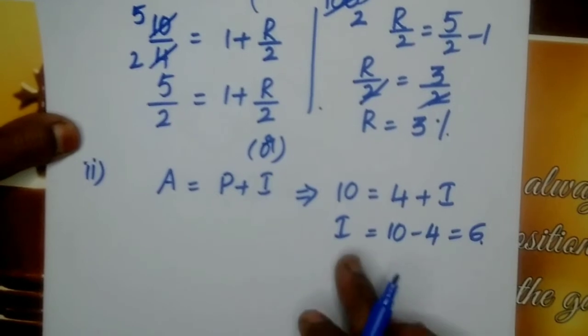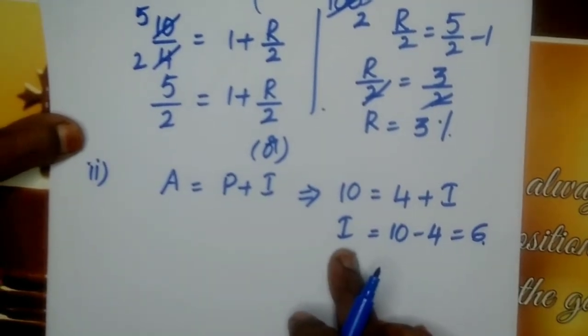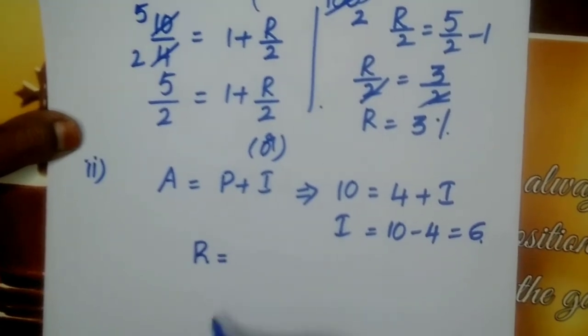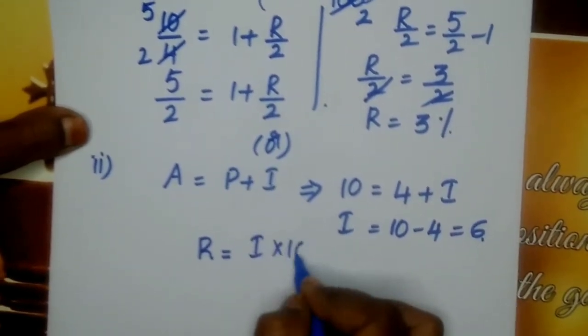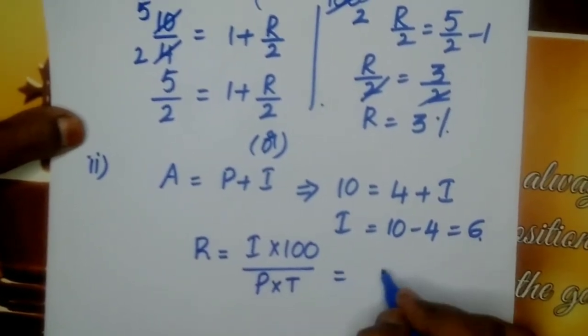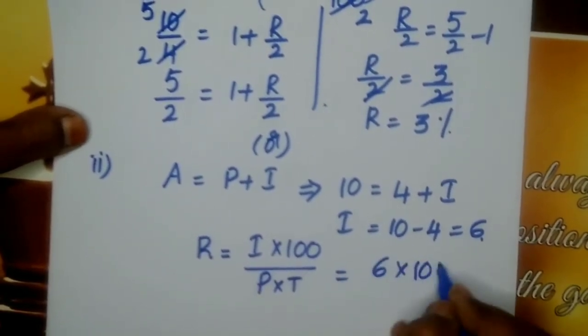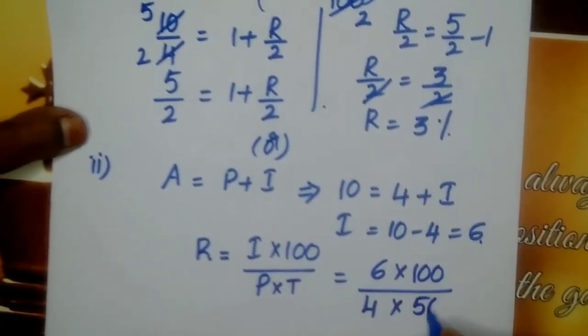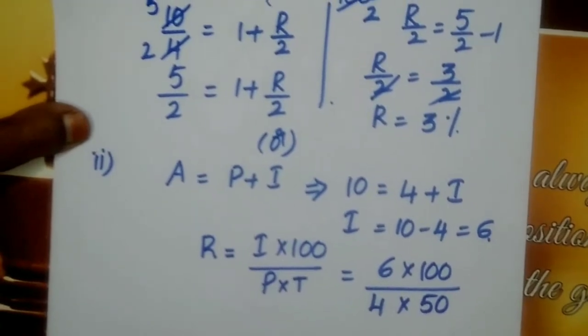And we know the formula for interest, I equals PTR by 100. From that formula I am writing the formula for R. R equals I into 100 by PT. I means 6 into 100 by PT. P means 4 and T is 50. I just substituted the given data.